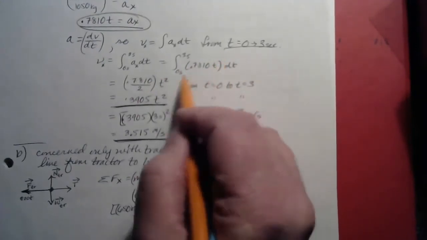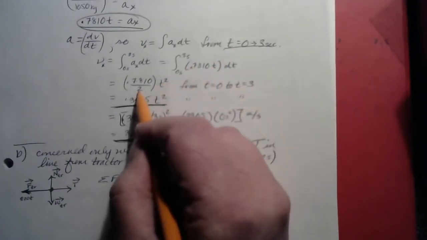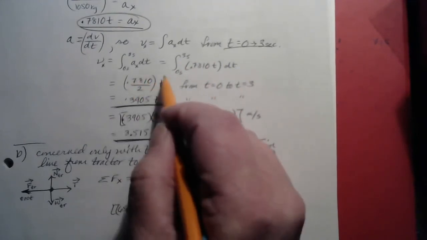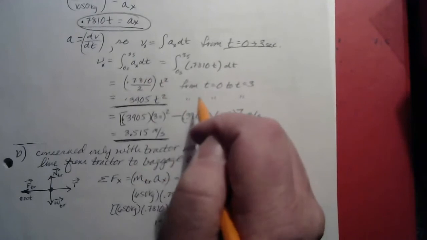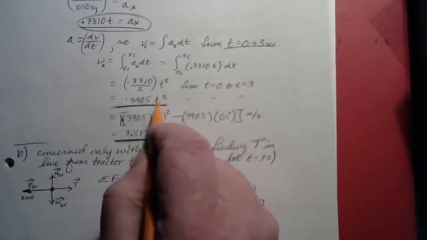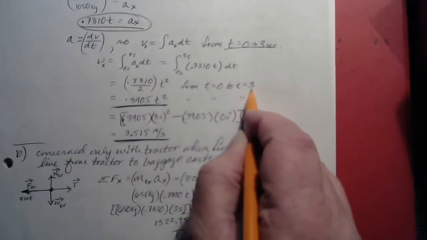So you change that to t squared, and then you divide the coefficient by 2. So 0.7810 divided by 2 times t squared. And that comes out to 0.3905 t squared from t equals 0 to t equals 3.